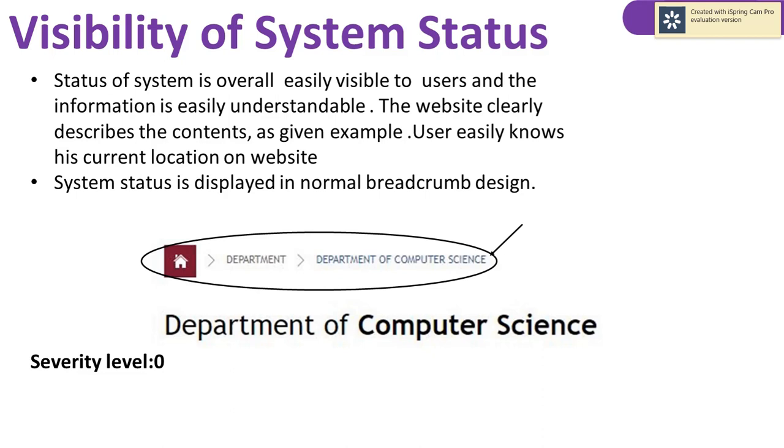The user is at the Department of Computer Science, and the picture shows that the breadcrumb design used in this website clearly locates the user's location, where he currently stands. So here the severity level is 0 because the system of the website is clearly visible.